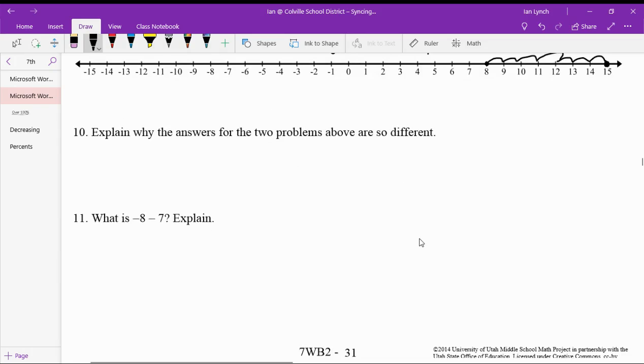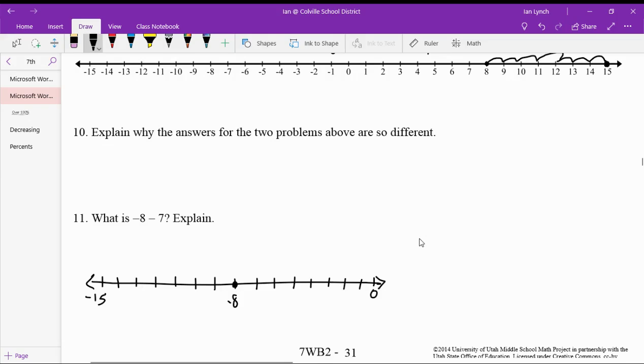Now, I want you guys to think about what negative 8 minus 7 would be. All right. So if we were to draw this out, negative 15, negative 14, negative 13, negative 12, negative 11, negative 10, negative 9, negative 8, negative 7, negative 6, negative 5, negative 4, negative 3, negative 2, negative 1, 0, 1, 2, 3, 4, 5, 6, 7, 8.